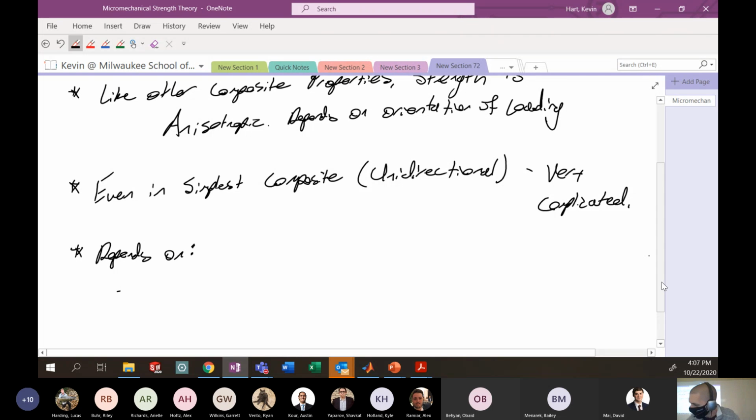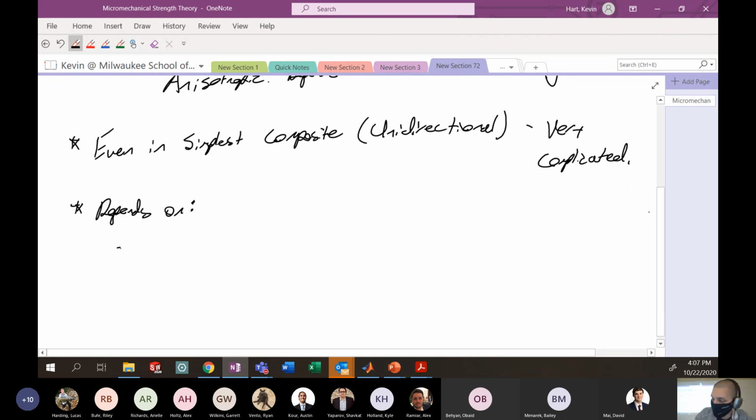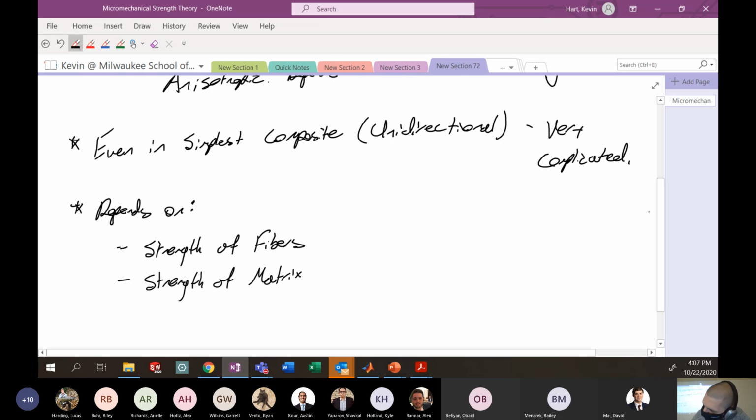And I'm just going to list a few here. This is not really an exhaustive list, but it's going to depend on a lot of things, including strength of fibers, strength of matrix, obviously. It'll depend on the bond between the two, that interface, or interfacial bond.